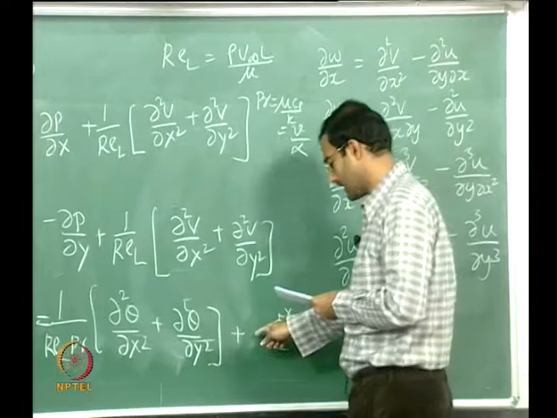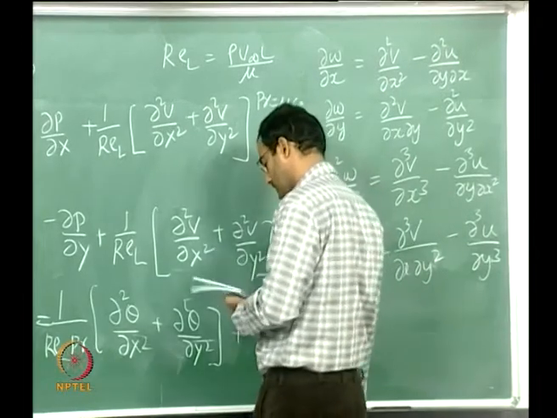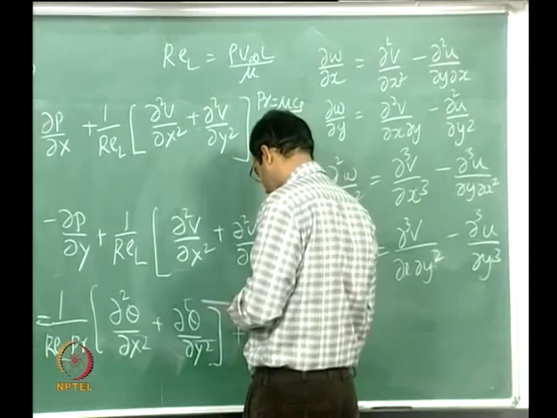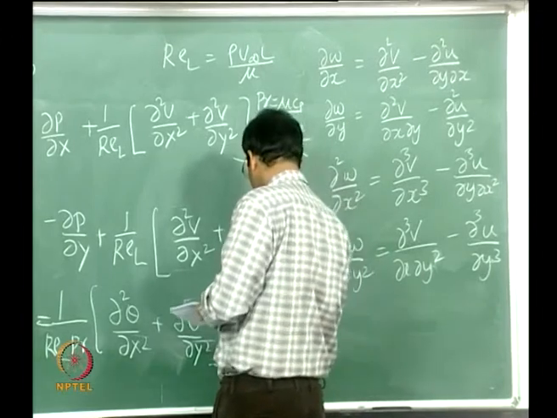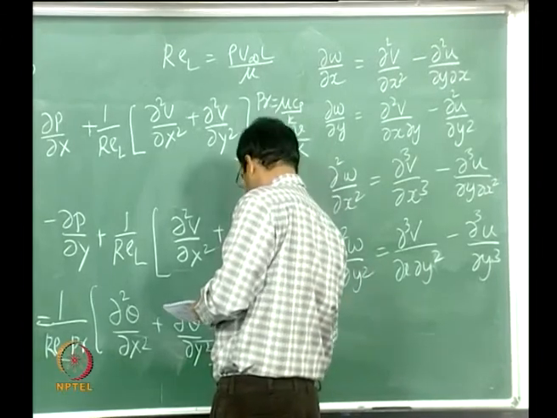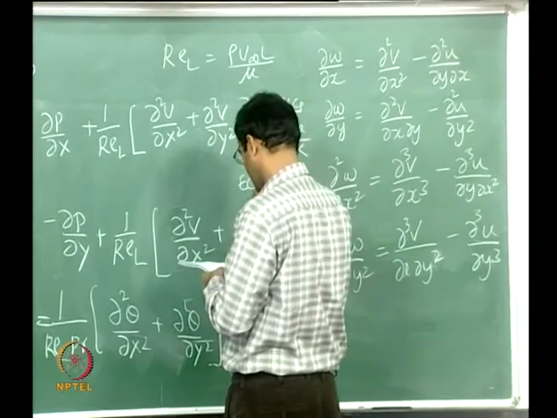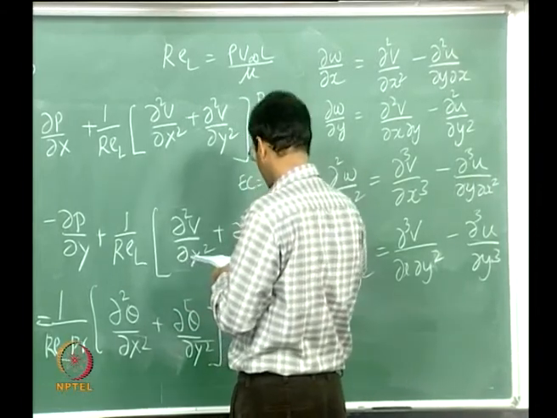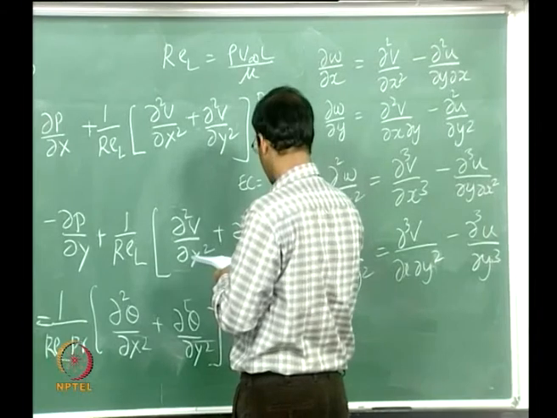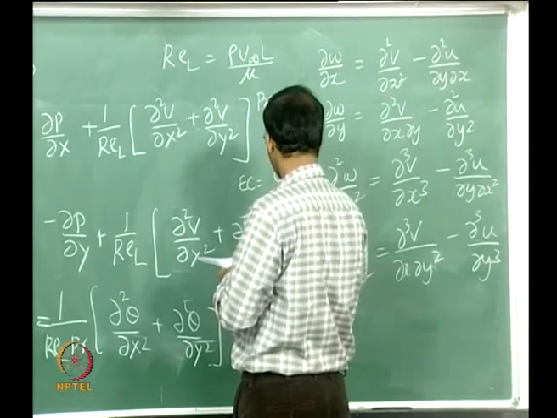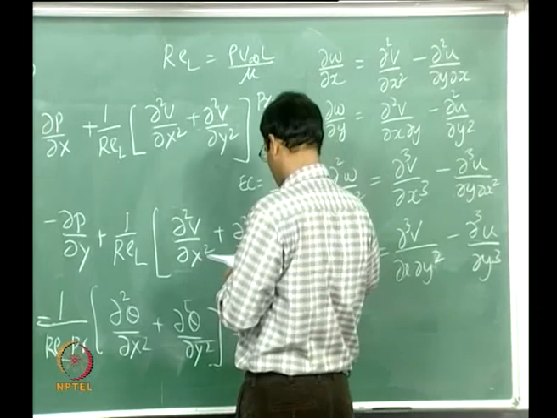And finally here I am going to introduce a non-dimensional number which probably you have not encountered. This is called the Eckert number by Reynolds number, where your Eckert number is defined as u infinity square by Cp into T wall minus T infinity.